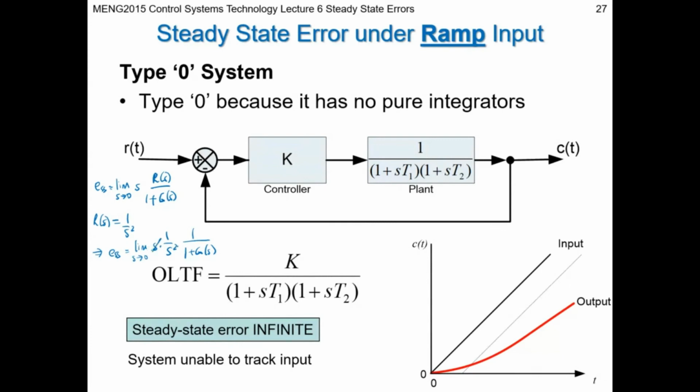So we cancel this s, but you still have an s on the bottom. Well, this approximates to, we said, sG(s). So because you have an s on the bottom, if s is going to 0, this term is going to 0, and you're going to get infinite steady state error.